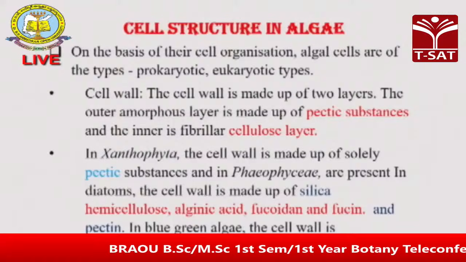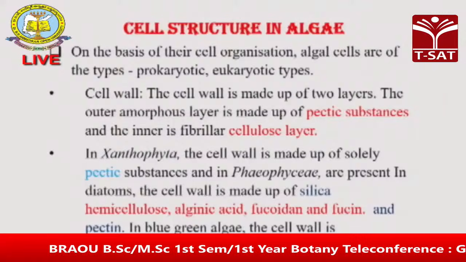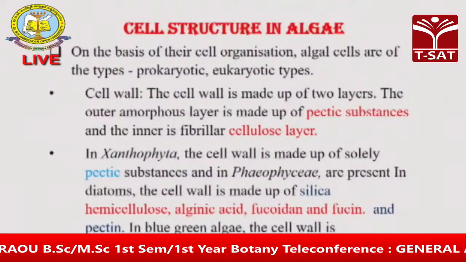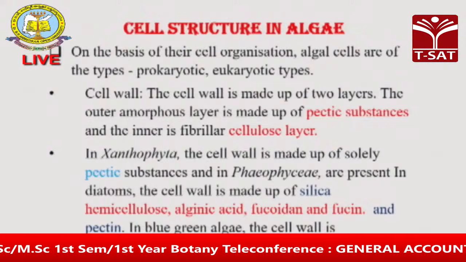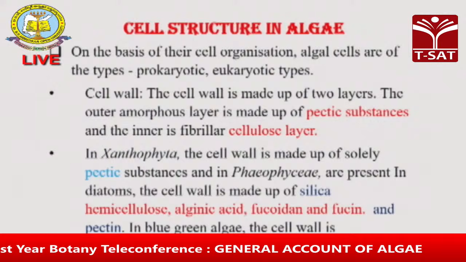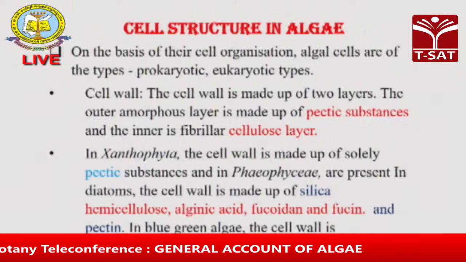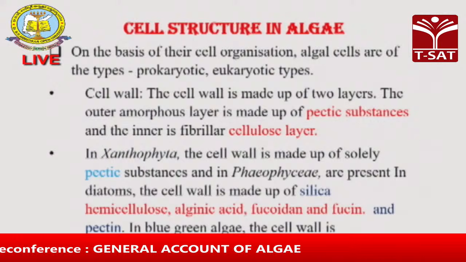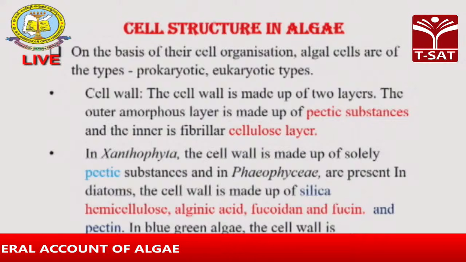On the basis of cell organisation, algal cells are prokaryotic as well as eukaryotic. Just now I told you the cell wall is made up of two layers. The outer layer is called the pectic layer, with pectic substances, and the inner layer is called the cellulose layer.